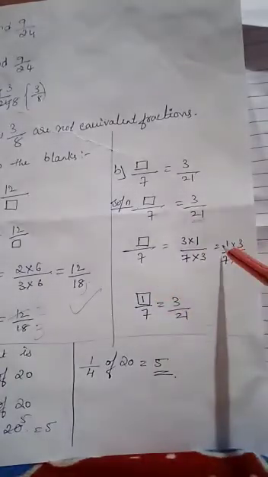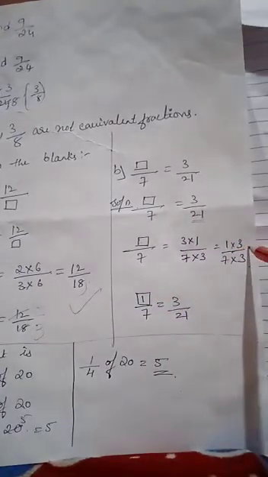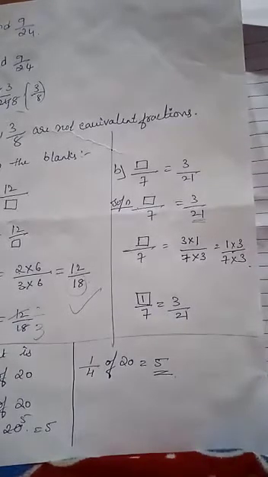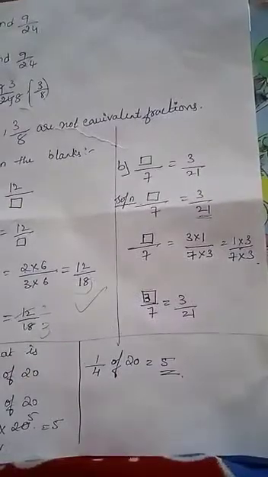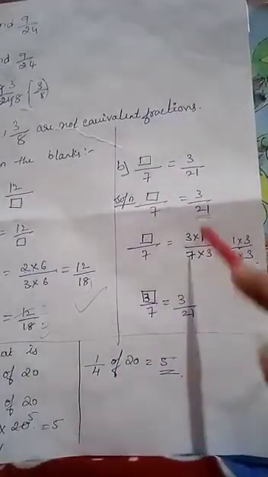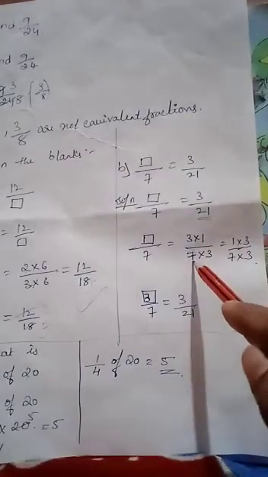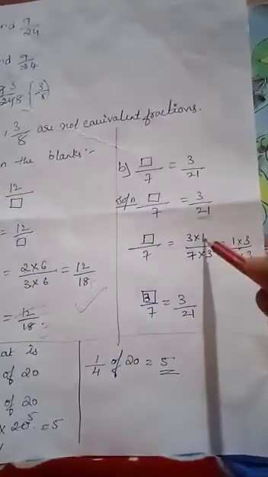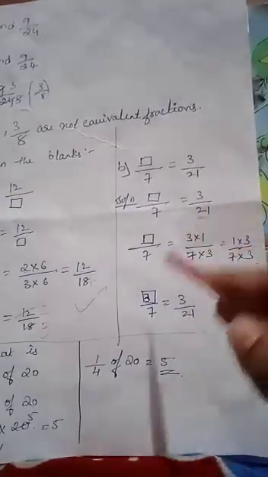Here we write 3, 7 how much are 21? We'll write 7 into 3. We will be getting 21. Here already 3 is there. So how much do we have to write here? 1.